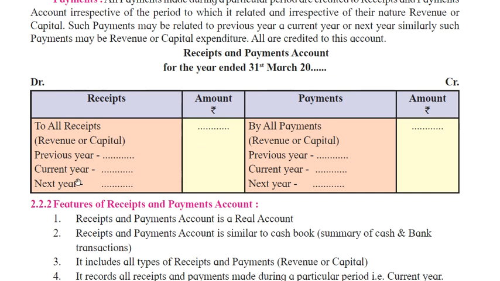Previous year means last year, current year is the current year, and next year means the coming year. In payments also it is the same: all payments, revenue or capital, of the previous year, current year and next year. This is the receipts and payments account for the year ended 31st March 2020.